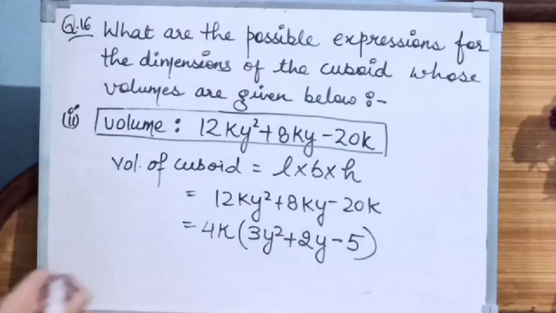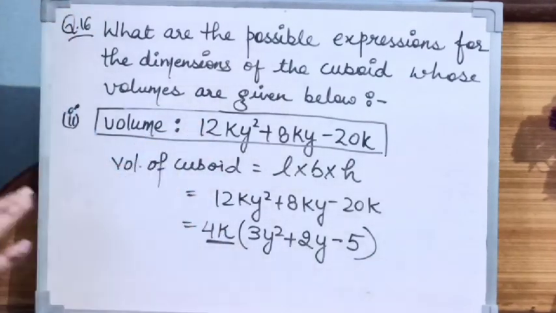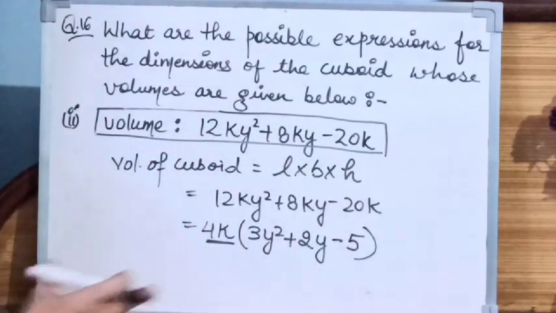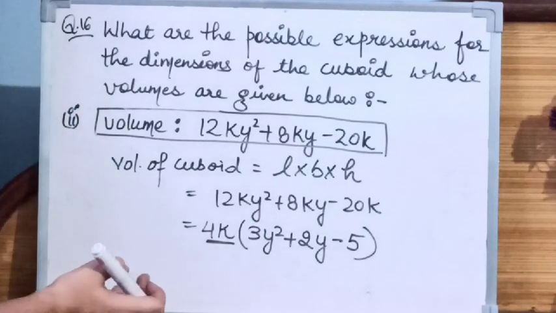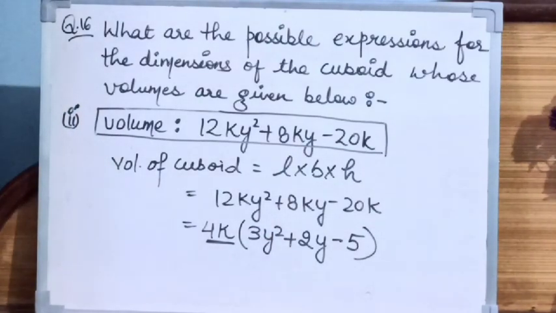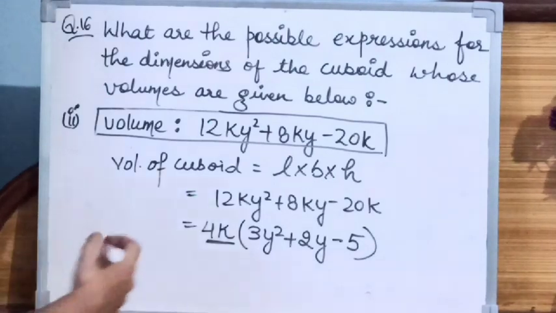Now students, one of the factors is 4k, so our length is 4k. But to find breadth and height, we have to factorize 3y square plus 2y minus 15 using the splitting the middle term method. For that, you multiply 5 and 3, which gives 15, and arrange the factors of 15 so that after subtracting you get 2.